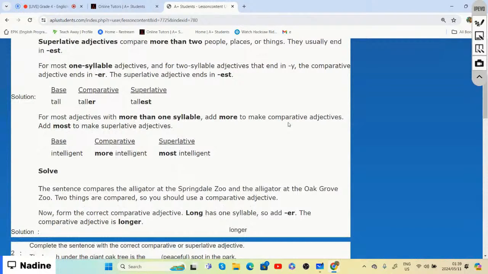For example, if we say he is intelligent, she is more intelligent. As much as he's intelligent, she's more intelligent, but we can say John is the most intelligent in the class or in the grade.